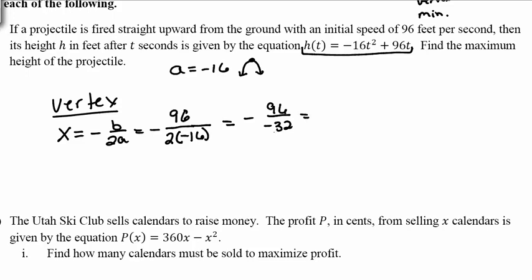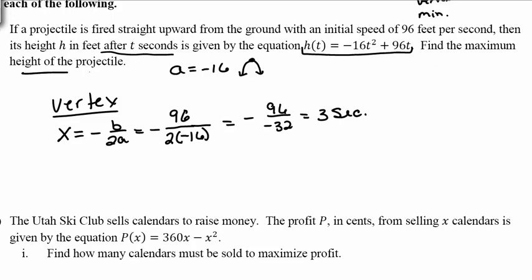And a negative divided by a negative is going to give us a positive number, and that is positive 3, if I have my calculations correct. 96 divided by 32, and that is in fact 3. So the x-coordinate of our vertex is at 3, so x is after t seconds. So this is seconds.